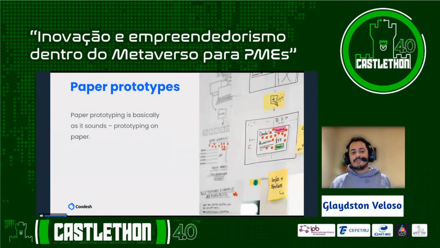And talking about paper prototypes, it's like it sounds, okay? It's only using paper and a pen to draw some screens and buttons that represent the idea that you have, and with this you can use the experience to validate with your user or your client.